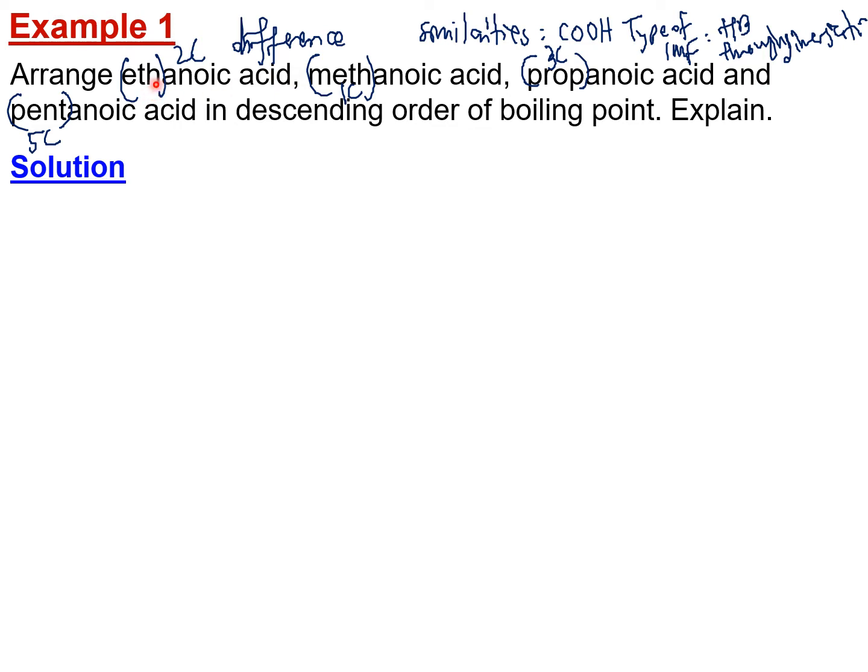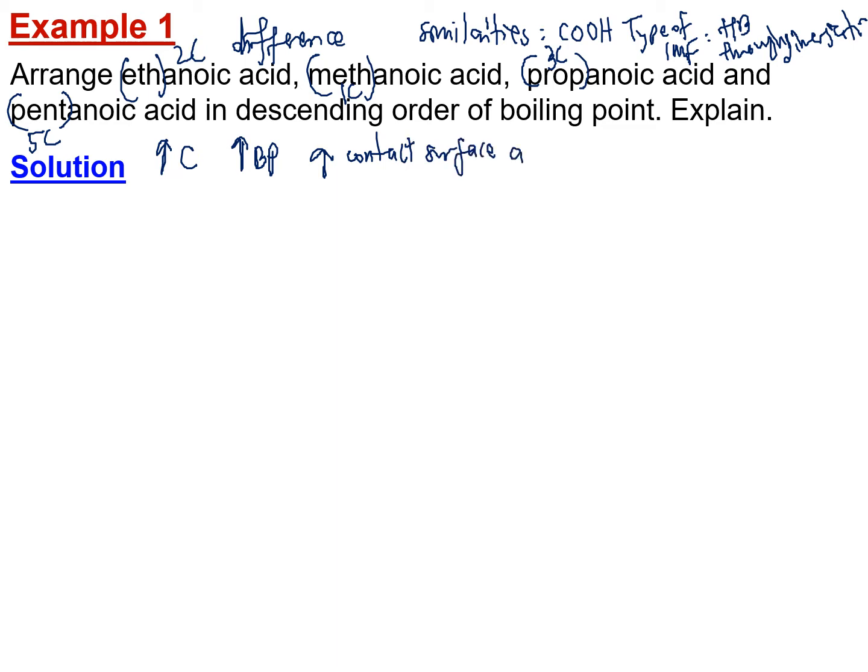Tapi in this case, dia punya differences adalah bilangan carbon atoms. That's what I told you earlier. Lagi banyak carbon atoms, lagi tinggi dia punya boiling point, okay? Sebab dia ada larger contact surface area.